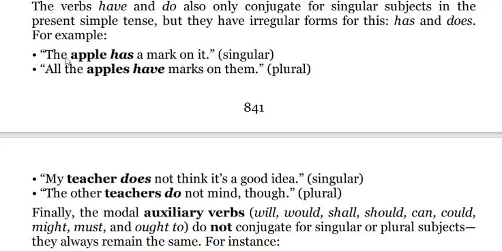Apple is a singular subject and has is a singular possessive helping verb, to represent the ownership of the apple. All the apples have marks on them. There are apples, all apples. The subject is plural, so we have the verb also plural, have.